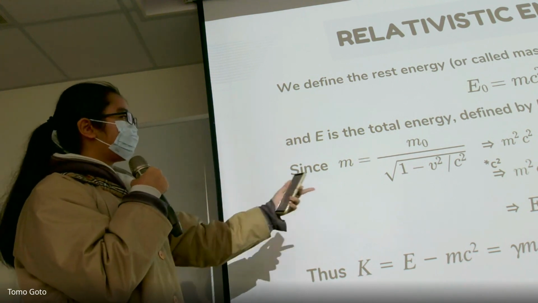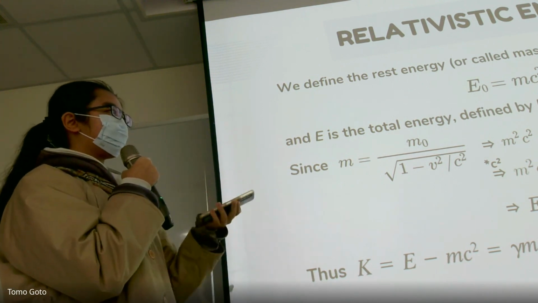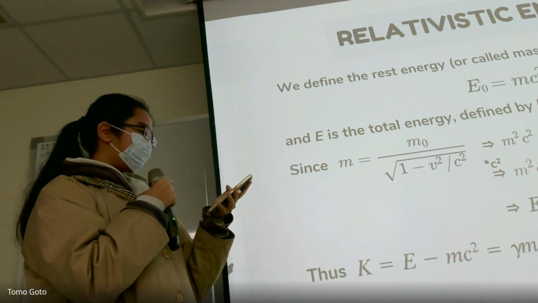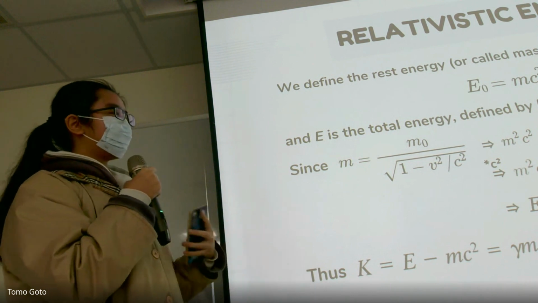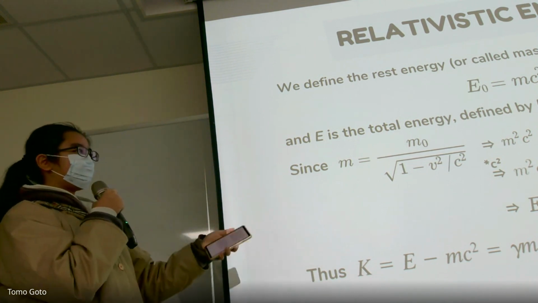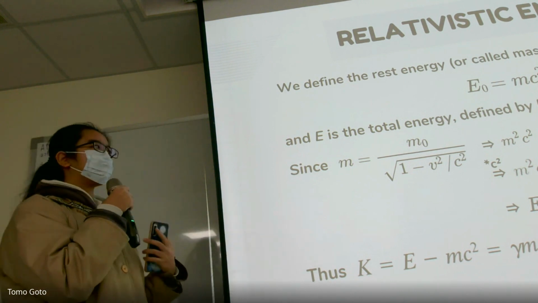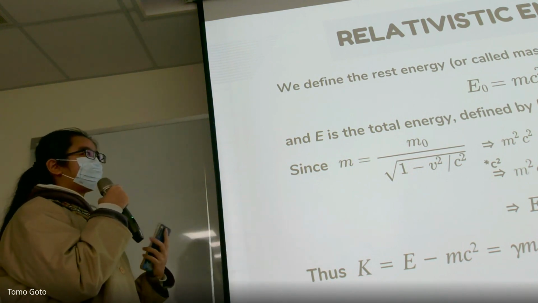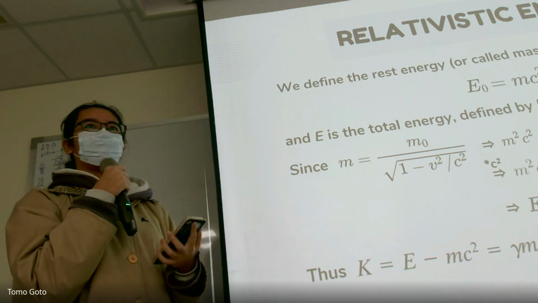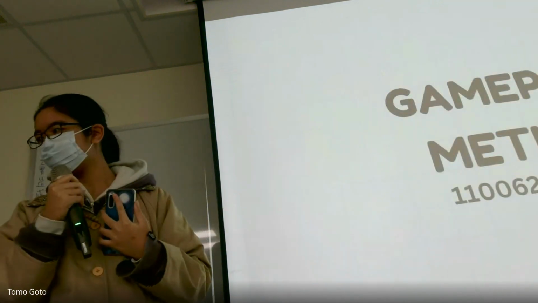The difference between this and E equals mc squared is that that one is for the rest state, while this one you can apply when you are moving and have speed. When you are stationary, you apply E equals mc squared. That's my presentation.